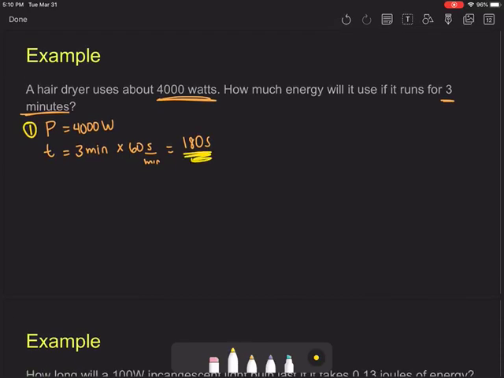If we are ever given a value that is not in our standard units, we do have to do that conversion. 3 minutes is not going to be sufficient because we can't use minutes in our equation. Our equation only deals with seconds, so we have to convert.